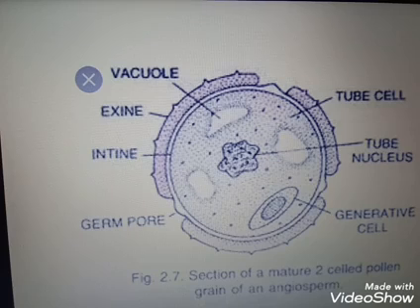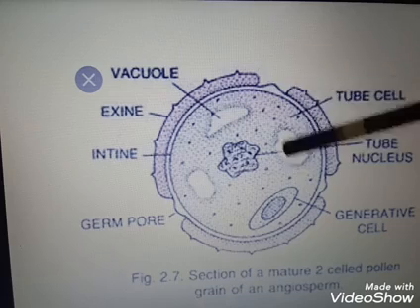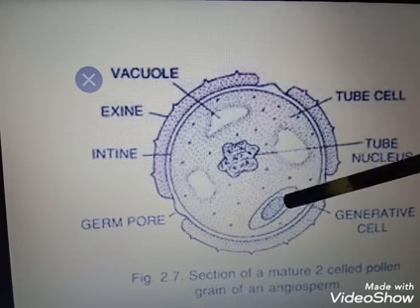In over 60% of angiosperms, the pollen grains are shed at this two-celled stage. The generative cell floats in the vegetative cell. So this one is the vegetative cell and this one is the generative cell.